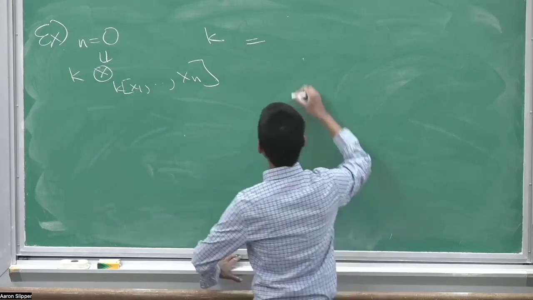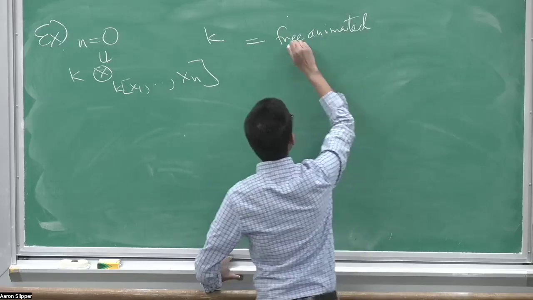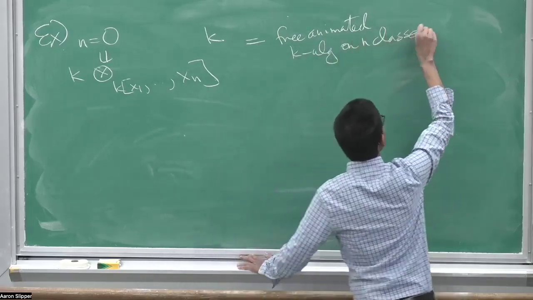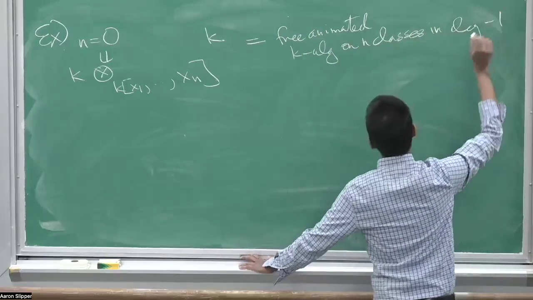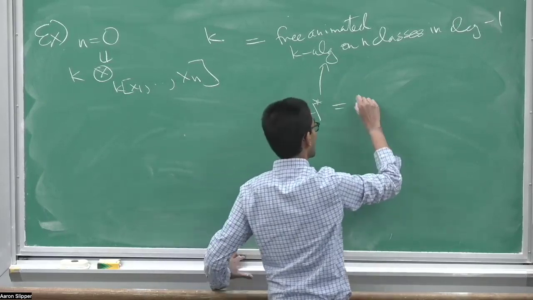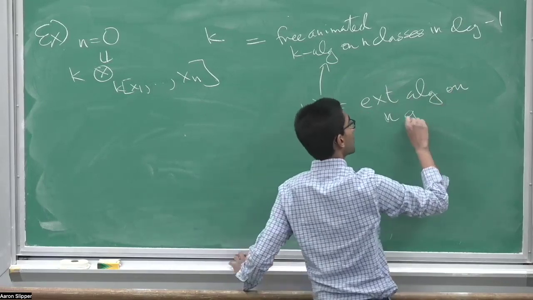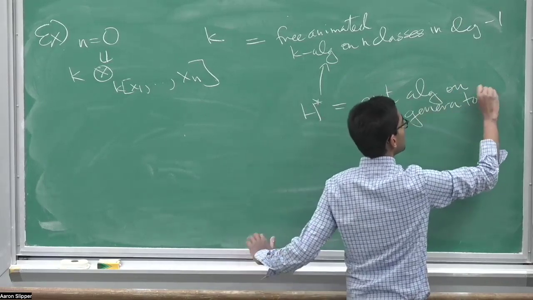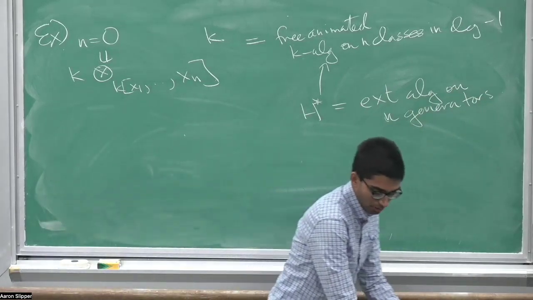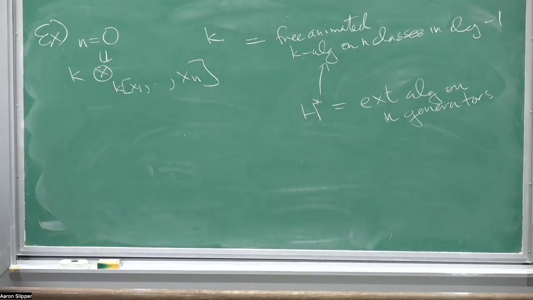Explicitly, it's the free animated K-algebra on n classes in degree minus 1, and its homology looks like an exterior algebra on n generators.